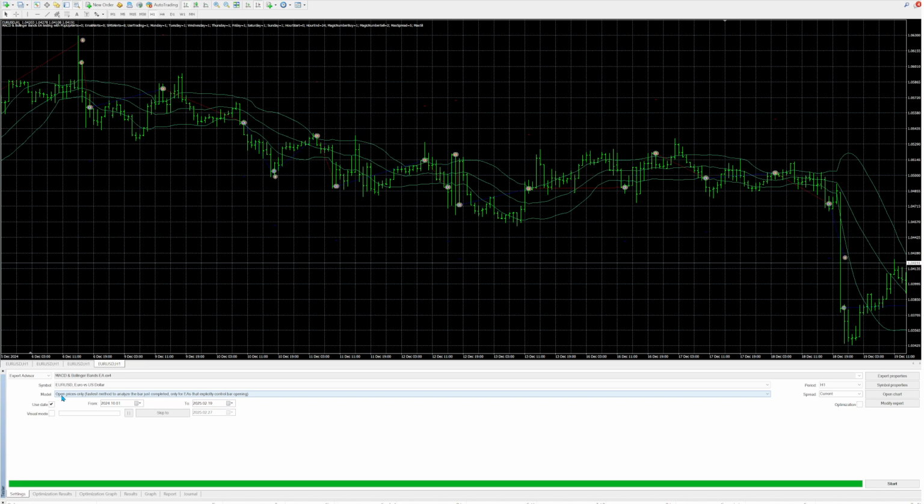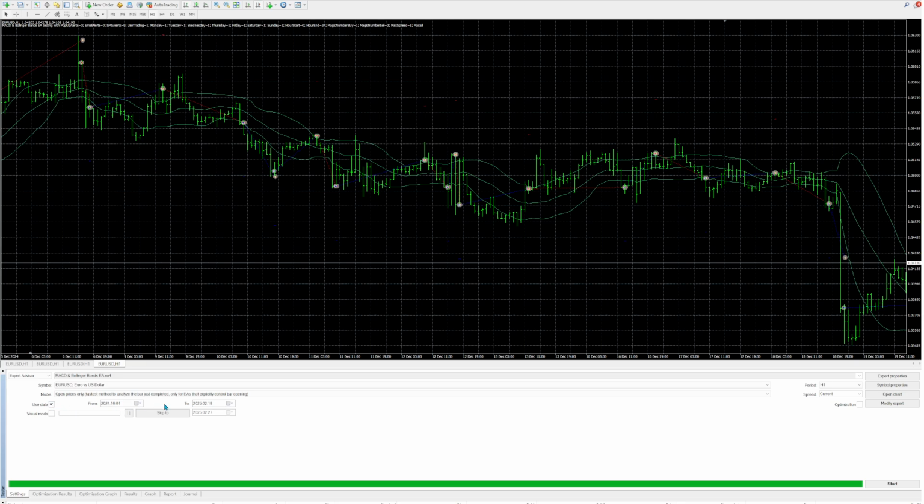However, you will want to switch over to every tick testing once you really want to fine tune some settings, simply because every tick testing will do every tick within the bar. Okay, and this can have a significant impact when it comes to stop loss, take profit, trailing stop, and break even.